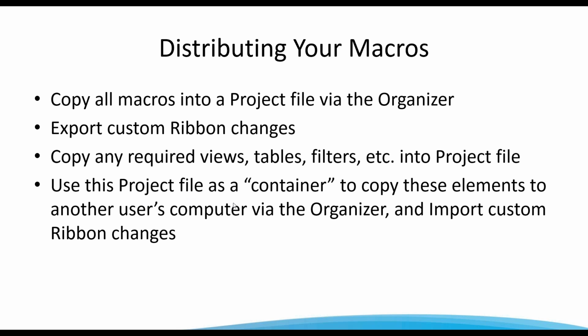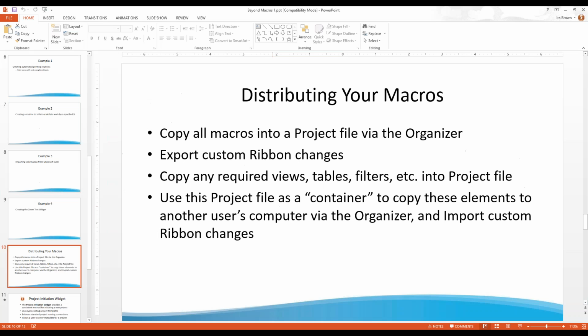The modules, views, tables, and filters we can copy into a project file, just a regular old MPP file, saving them all to the MPP file via what's called the Organizer. Then we take that MPP file, open it up on your user's computer, and go in the opposite direction, copying the views, tables, filters, and macros from that MPP file into your user's computer. Let me show you what that could look like.